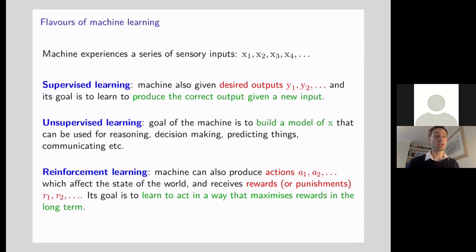These actions then affect the state of the world, and you also receive along with them a reward, or depending on how pessimistic you are, a punishment, which comes after applying that action in the world. So after applying action A1, you get reward R1. After applying action A2, you get reward R2. And now the goal in this situation is to act in a way that maximizes rewards in the long term.